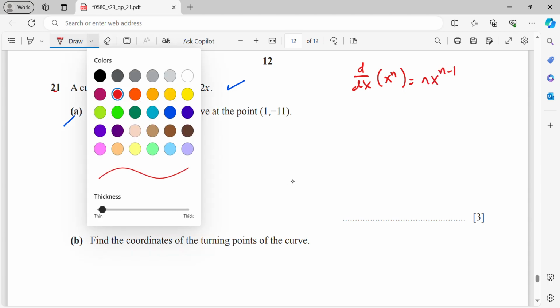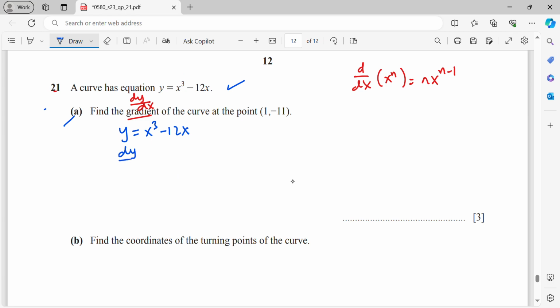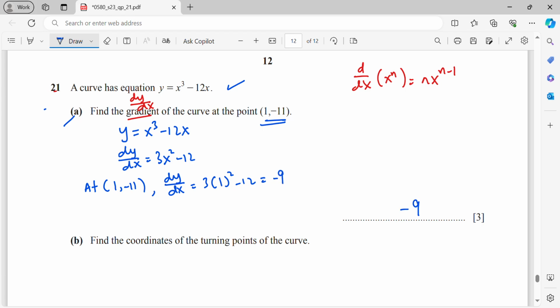That means now here, I will be getting dy over dx is 3x squared minus 12. And now replace this point. So at 1, minus 11, my dy dx is basically 3 times 1 squared minus 12, that is minus 9. Then this is the solution.